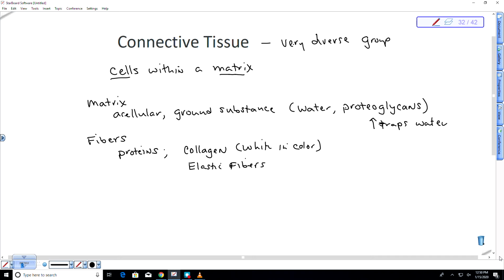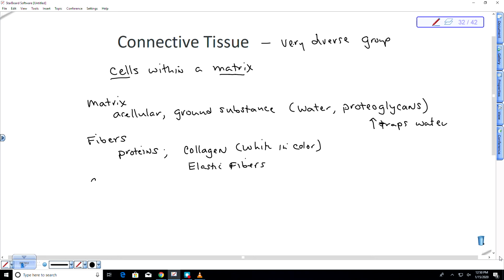We also have elastic fibers in the connective tissue of our ears, for example, and the connective tissue that is our epiglottis has elastic fibers in it. Okay.